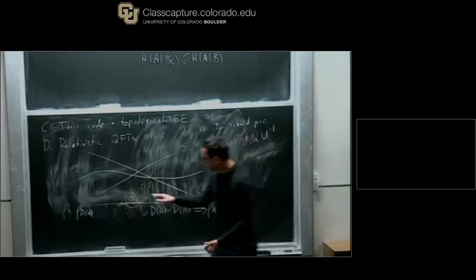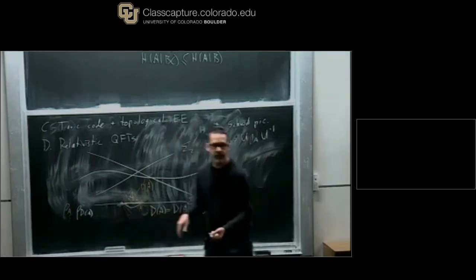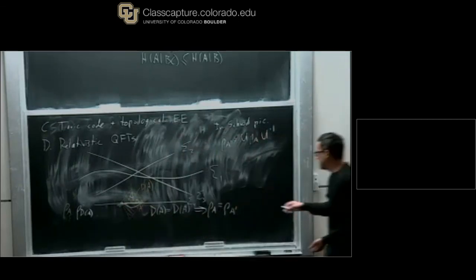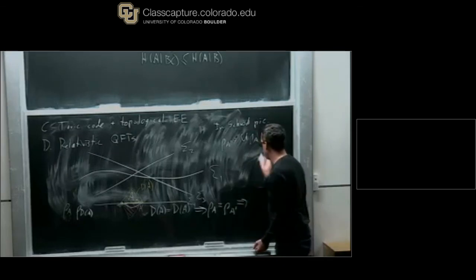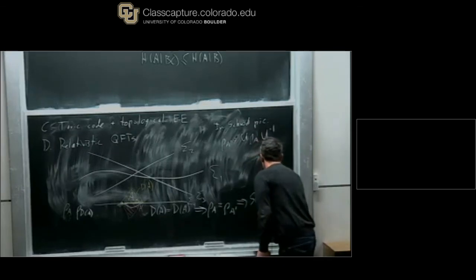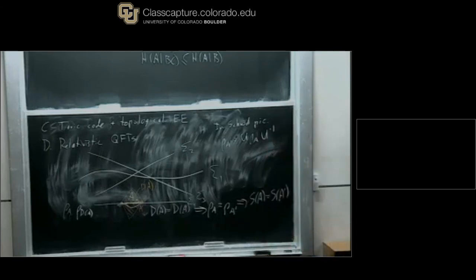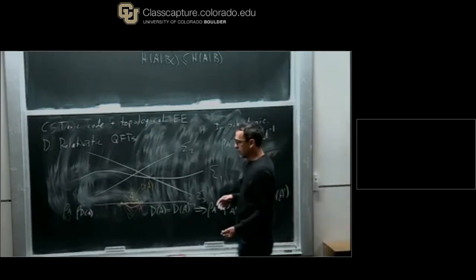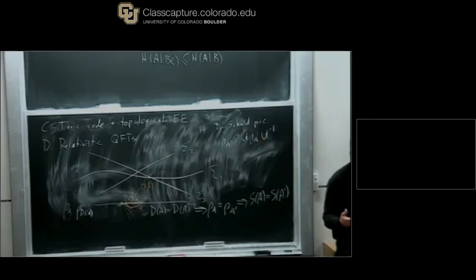These are sort of mini Cauchy slices as far as this causal domain is concerned. And this implies, as does this, that the entropies agree. Okay, so that's the first and most important fact about entanglement entropies in a relativistic field theory, that they really are functions not of the region sitting on a Cauchy slice, but of the causal domain.